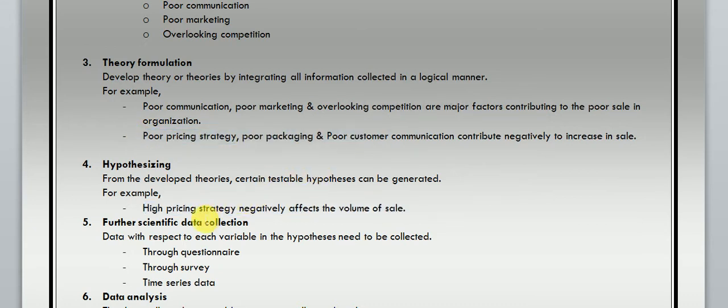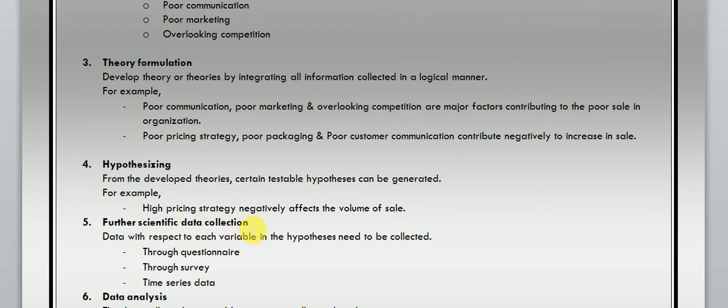Now what we try to do is test this hypothesis to make sure whether high pricing strategy negatively affects the volume of sale or not. In order to test this hypothesis, we do some scientific data collection.